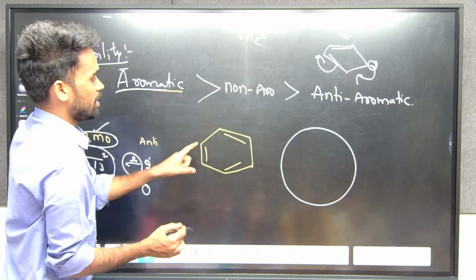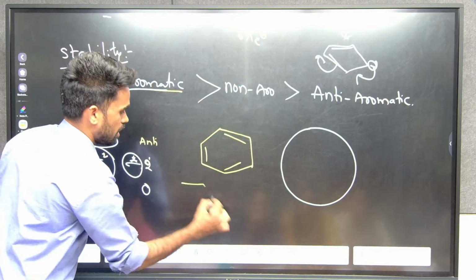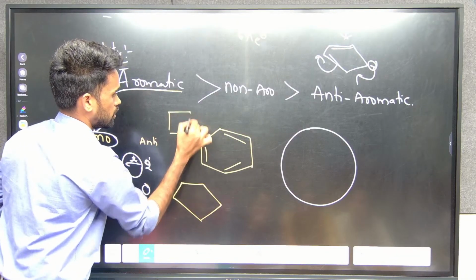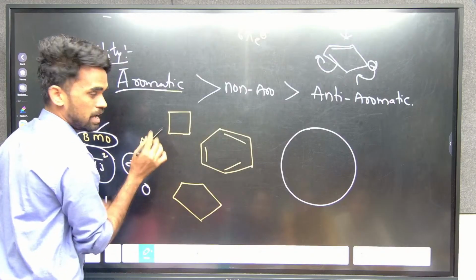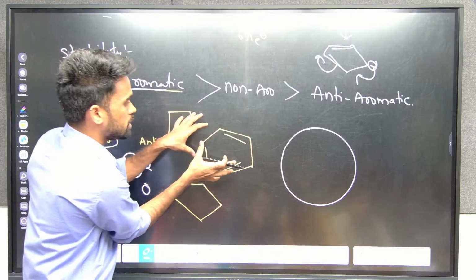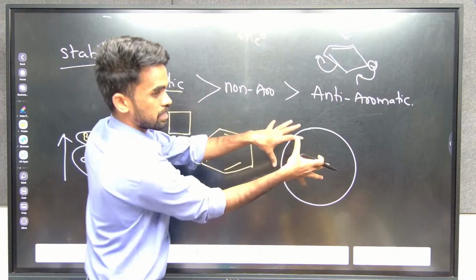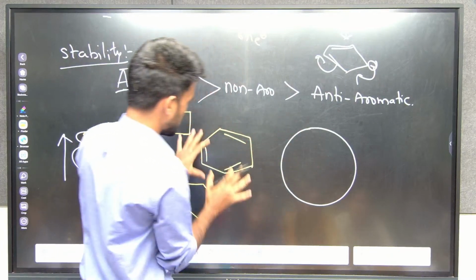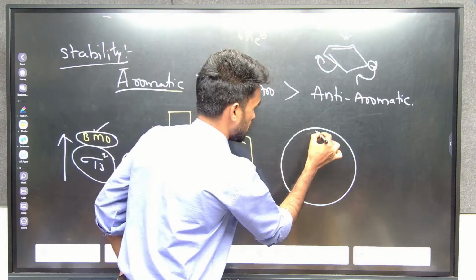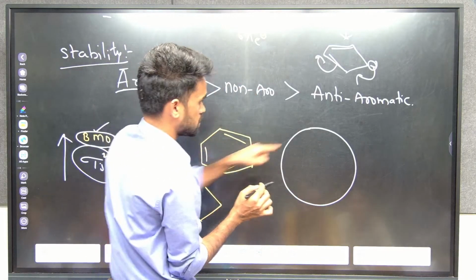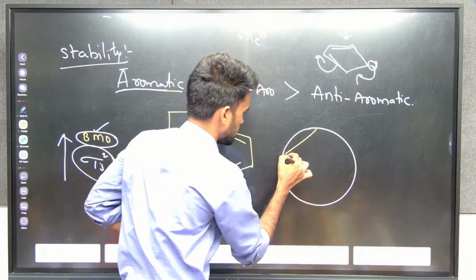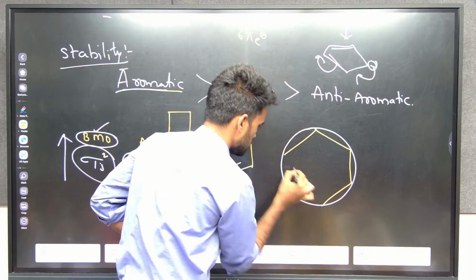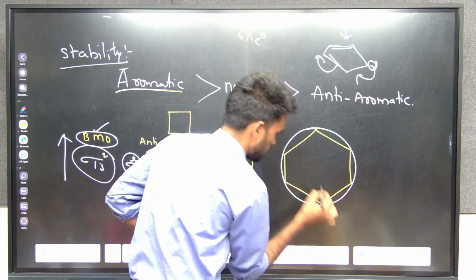So here you just take this polygon. See, I am drawing a hexagon structure, or pentagon, or square structure, something like this. You put these polygons in the circle. For example, I want to put this one. So you attach these corners to the circle, like this, like this, like this.